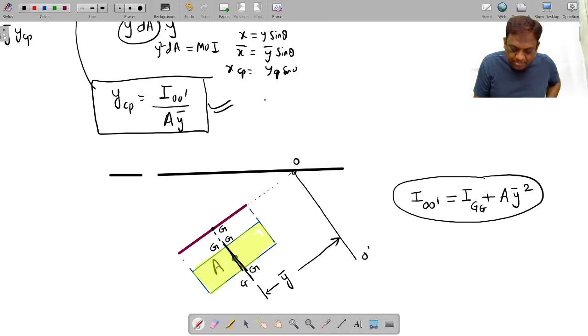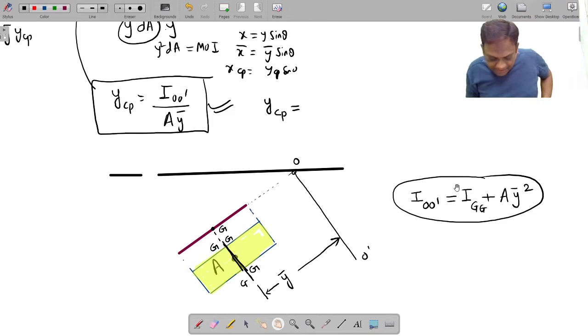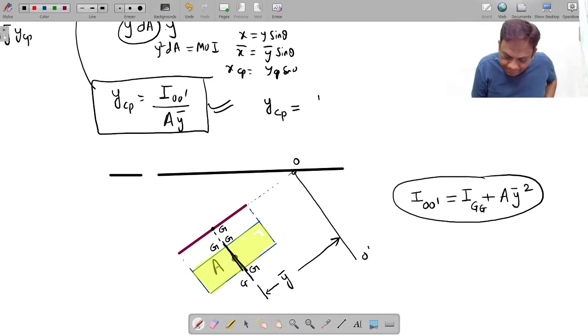Now I will substitute here. YCP is equal to IOO dash by A y bar. What is IOO dash? It will be IGG plus A y bar square.